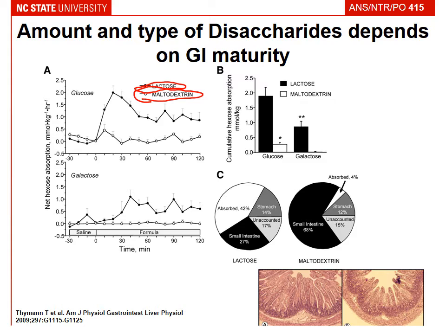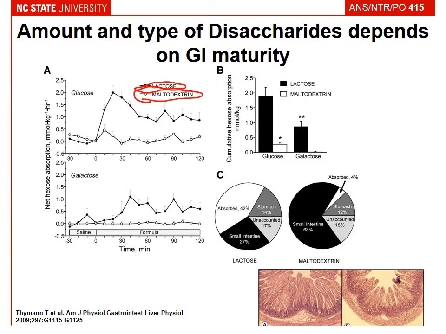So we're going to have a significant amount of glucose and galactose, and that's all due to the lactase enzyme that is functioning. However, when the piglets were provided a maltodextrin diet, we really did not have a significant change in the net amount of glucose or galactose that was absorbed.